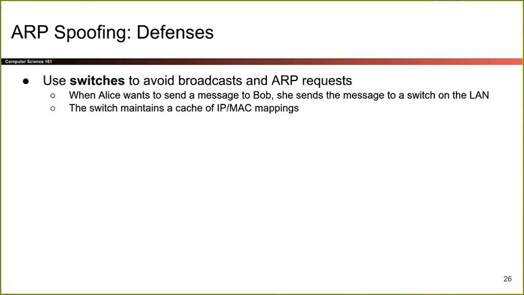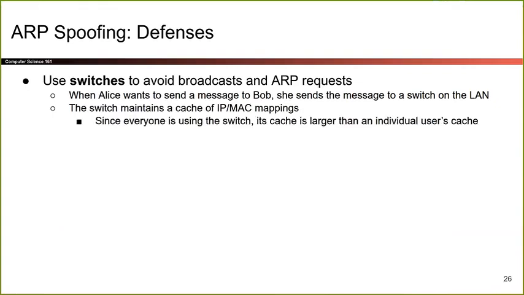And the switch will also have a cache of IPs and MACs. But because everybody is using the switch, it has a very large cache. So Alice, Bob, Charlie, Dave, Evan, I can't think of an F name. Everyone is using the switch to send messages. So this cache actually has the combination of where everyone is. And it's actually a very strong cache, and it usually knows where everyone is.